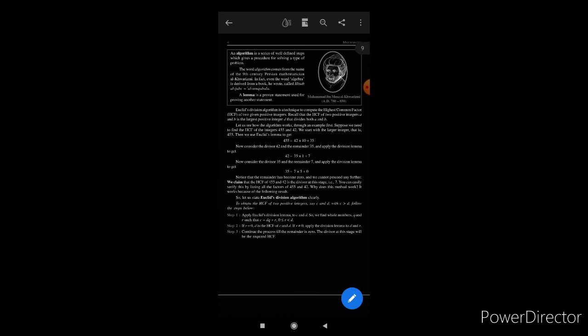Now consider the divisor 35 and the remainder 7 and apply the division lemma to get 35 is equal to 7 into 5 plus 0. Notice that the remainder has become 0 and we cannot proceed any further. We claim that the HCF of 455 and 42 is the divisor at this stage, that is 7. You can easily verify this by listing all the factors of 455 and 42.